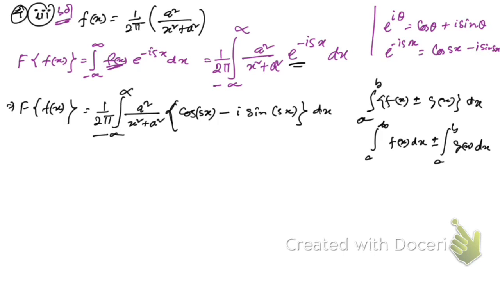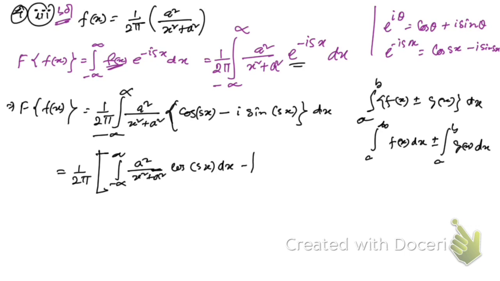Using this property, we can write this is equal to 1 by 2 pi, let me write this outside, and integration from minus infinity to plus infinity of a square by x square plus a square cos s x dx, then minus integration from minus infinity to plus infinity, again a square by x square plus a square sin s x dx, right?